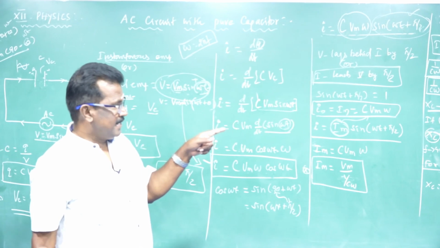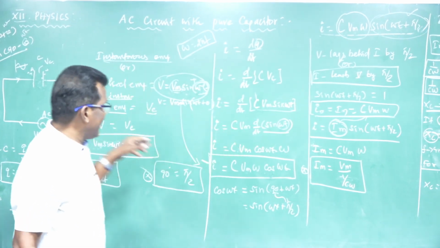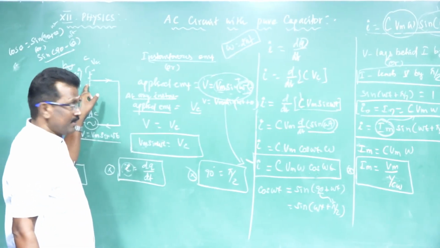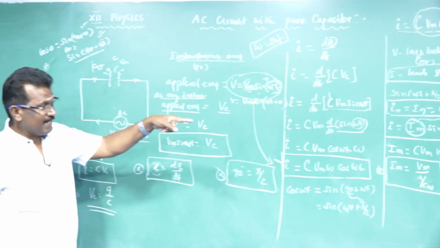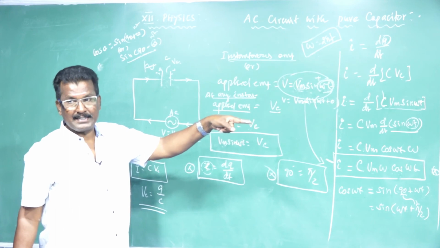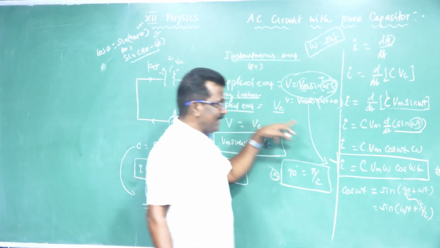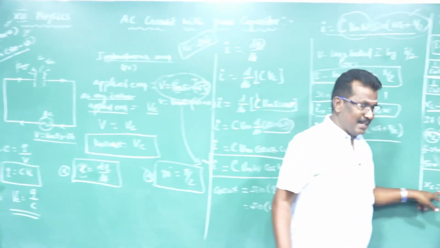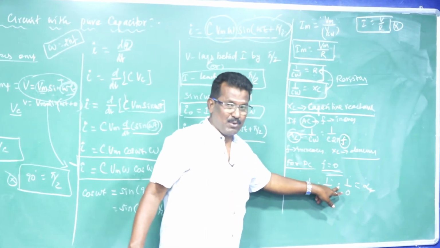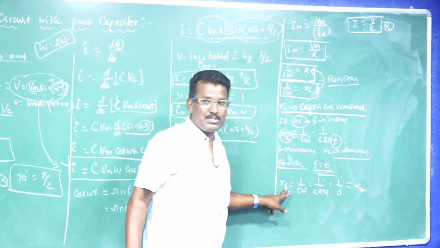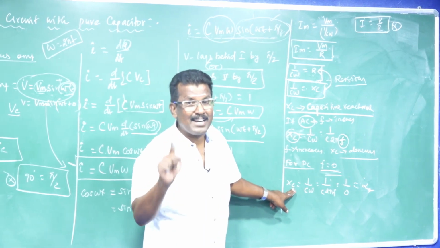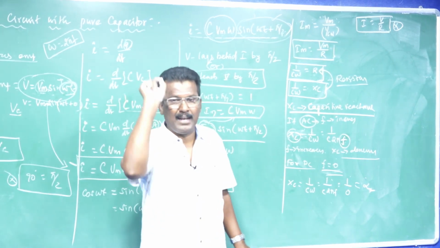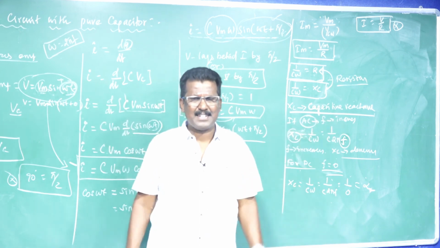See the first case, when the AC is connected across the capacitor, when the frequency increases, capacitor reactance decreases. When the DC is connected across the capacitor, when the frequency of the DC is 0, the capacitor reactance becomes infinite. That means the capacitor does not allow the DC signal. Infinite resistance.